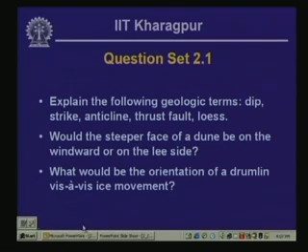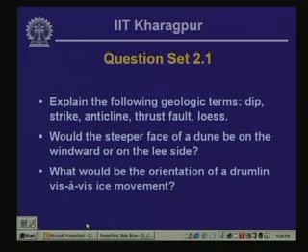And the other one that we asked is about the deposit called loess. Loess is essentially soil composed of silt size particles, and that is essentially transported by the action of wind. Now, the second question that we asked was, would the steeper face of a dune be on the windward side or on the lee side?